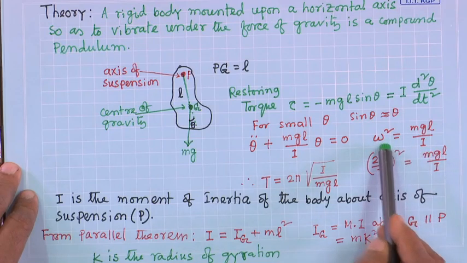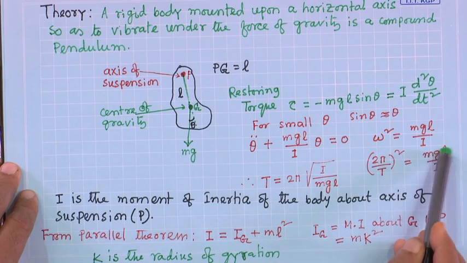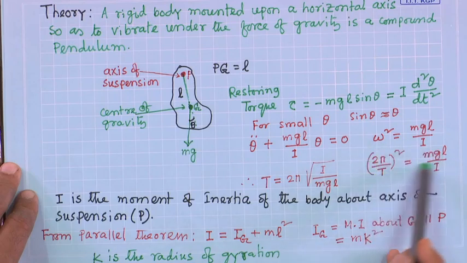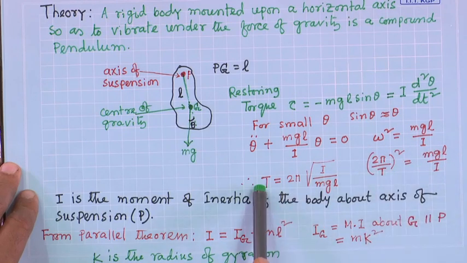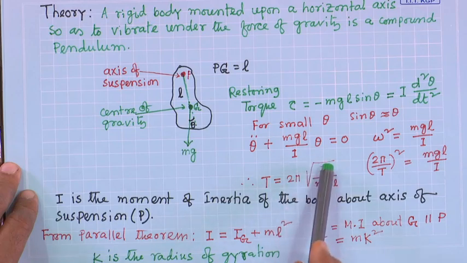So, omega is 2 pi by T, right. So, 2 pi by T whole square equal to mgl by I. From this relation, one can write T equal to 2 pi square root of I by mgl.